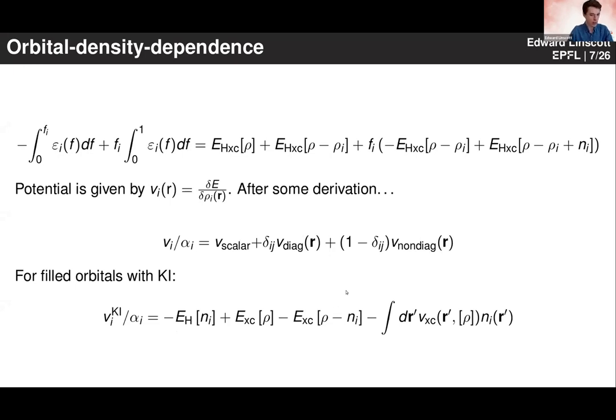And so at the basic level for the KI functional with filled orbitals, all this amounts to is that we're going to take individual orbitals in our system and apply some rigid shift to the individual orbitals. Note that this is not just a scissors operator, because we might shift different orbitals by different amounts, and also this is only for filled orbitals.